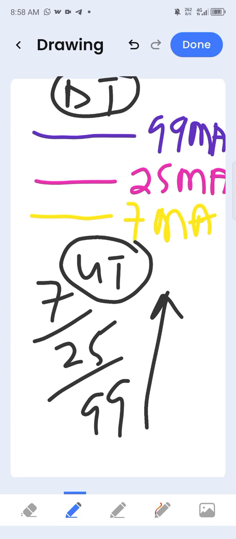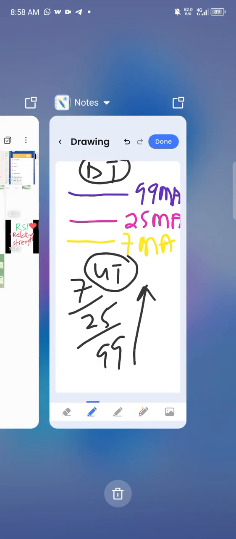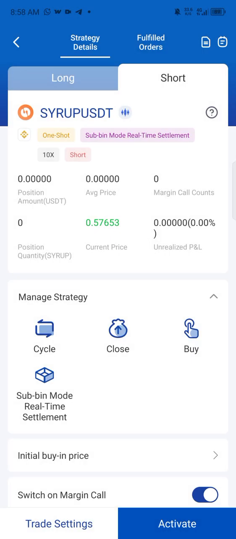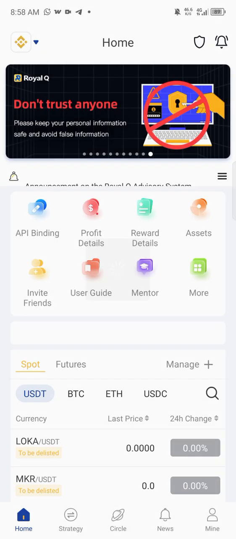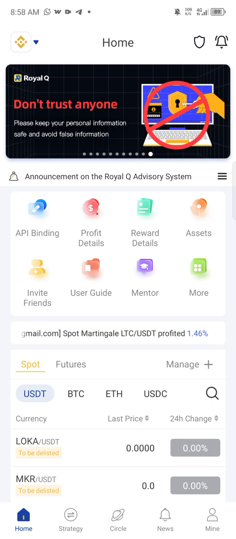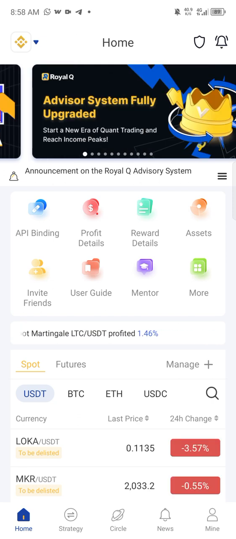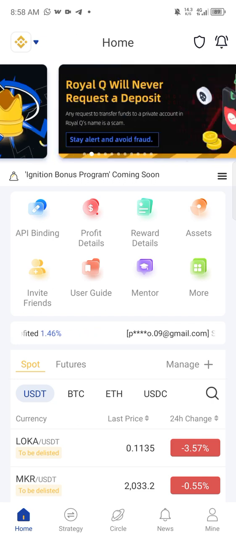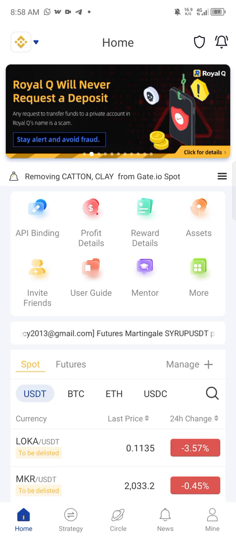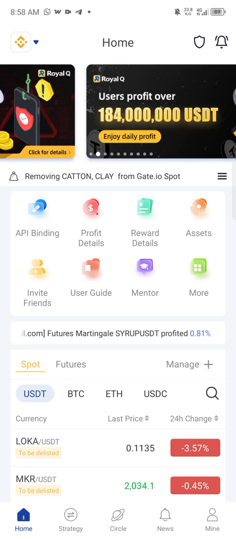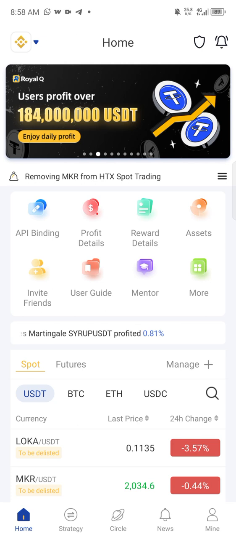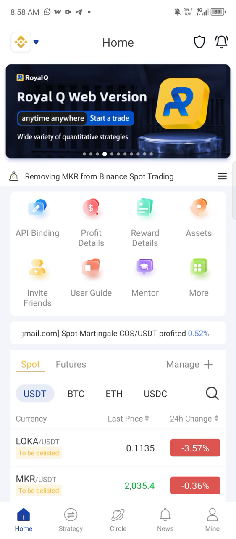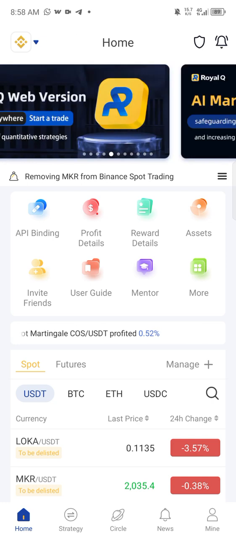Good. So let's move into the Royal Kill platform, where I'll show you how to identify this. I'll just pick any coin of my choice, and normally what we do is try and use about 4 time frames to secure your position. You look at the 15 minutes time frame, the 1 hour time frame, the 4 hour time frame, and also the 1 day time frame.